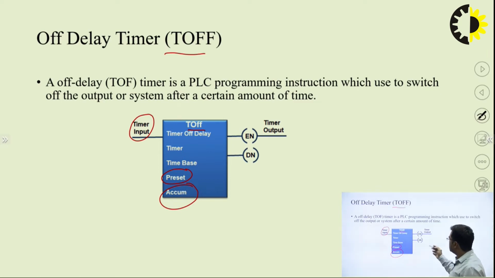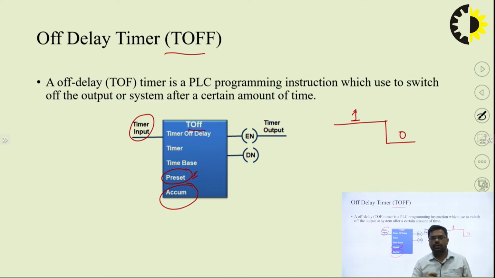Initially the system is in a running condition, meaning the state is 1, but when the preset value is equal to or greater than the accumulated value, the state will change from 1 to 0. So this is the main difference.